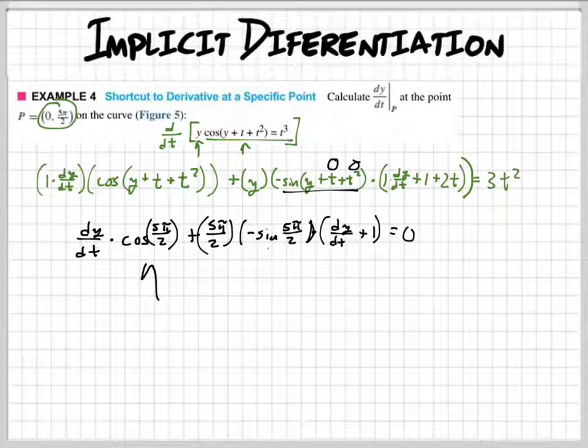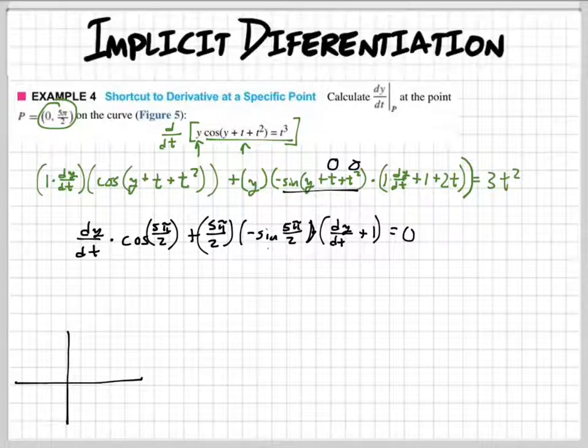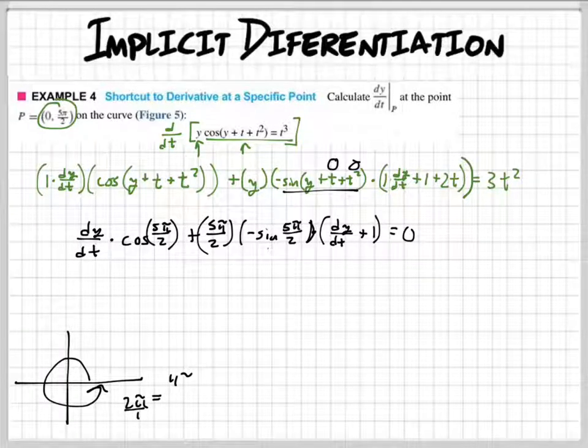Okay, so first let's look at cosine of 5 pi over 2 and simplify that. If you can recall your trigonometry, if I go all the way around, that would be 2 pi. But this has a denominator of 2, so let's change 2 pi to have a denominator of 2. That's going to be 4 pi over 2, but we need one more half to get up to 5 pi over 2.